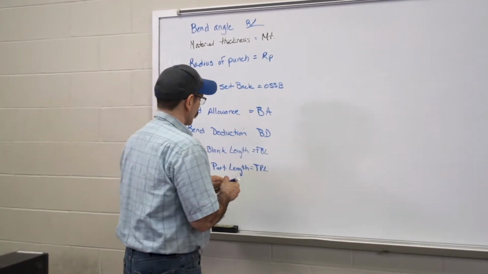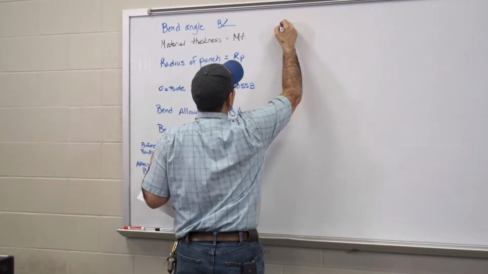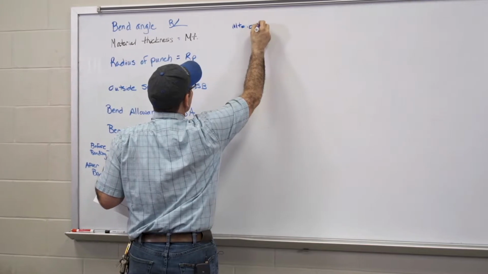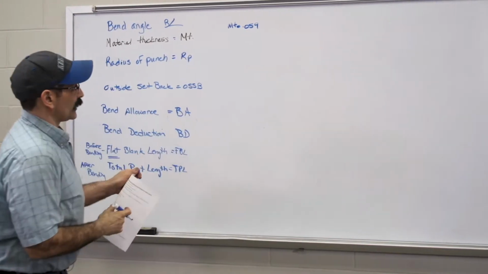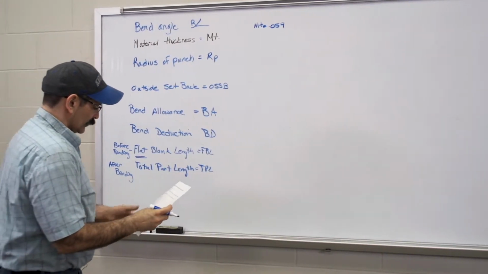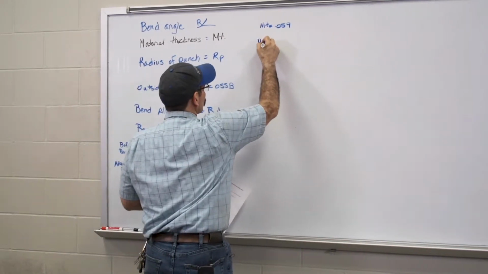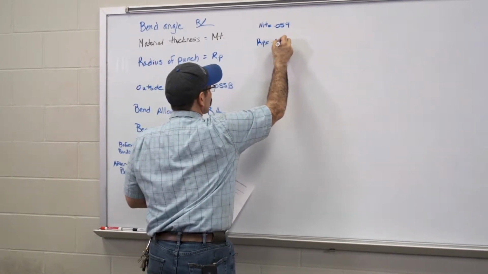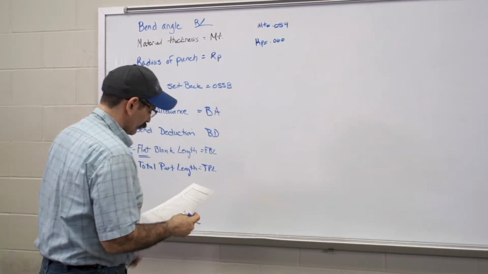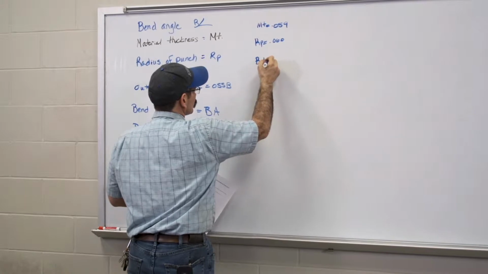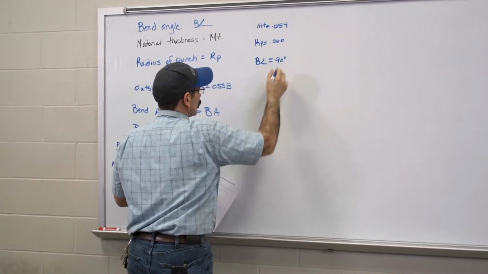So the first thing I'm going to say is my material equals 59 thousandths. That's how thick it is, okay? My radius of my punch is 60 thousandths, okay? My bend angle is 90 degrees.